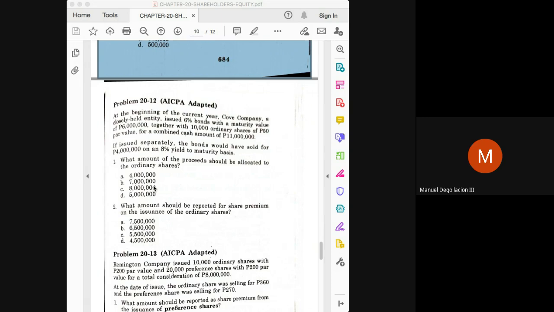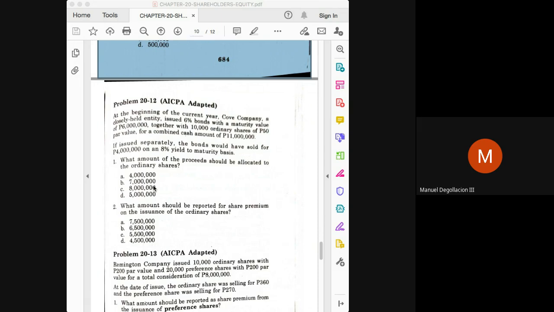The question now is, how do we allocate? So this is an important theory for you to remember. If you're given the basket price to be allocated between liability and equity class, you give the full fair value of the liability, and the excess would go to your equity.